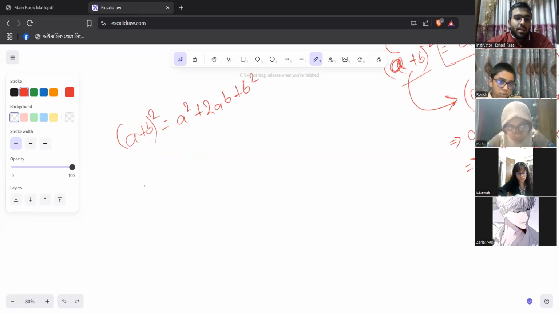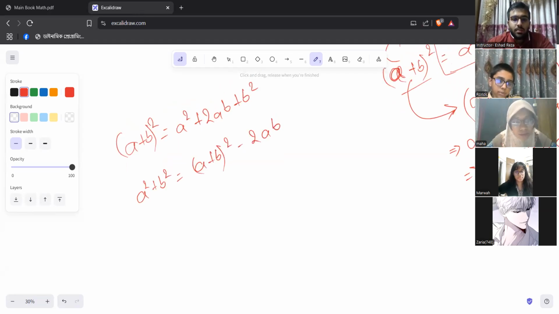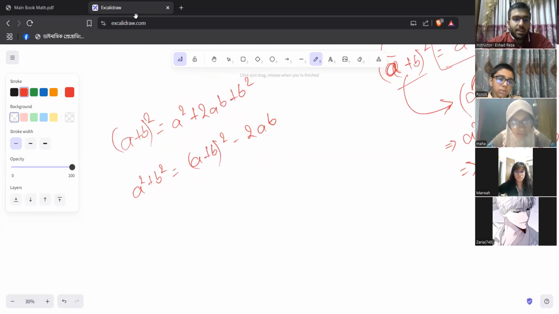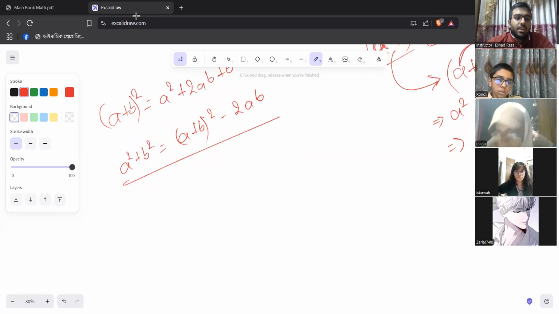a useful corollary is a square plus b square, and that is (a plus b) whole square minus 2ab, or (a minus b) whole square plus 2ab. So if this is the corollary from this formula, then from this formula we can find another corollary.